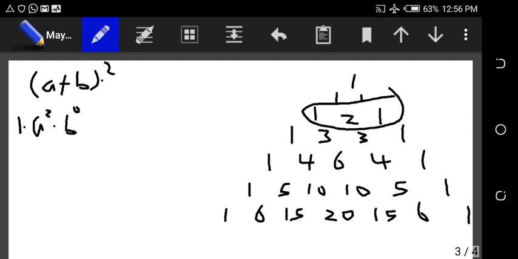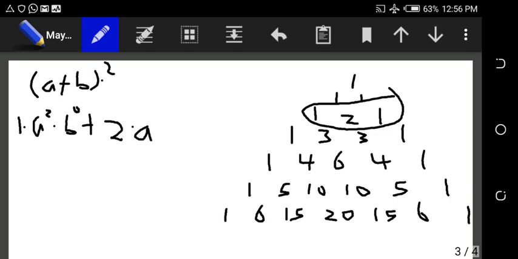The next thing I want to write is your plus, and you go over to the next coefficient in your triangle, which is in this case 2. So I'll write my 2 times, I'll go back to my bracket. The first expression there is a, so I'll write my a.